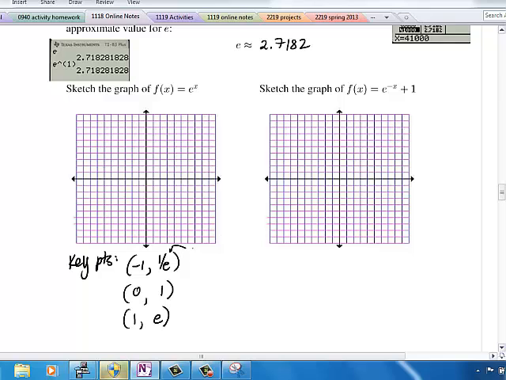Keep in mind that 1 over e is between a half and a third, and e is like, we'll just say 2.7. Good enough for our graph. So -1, something between a half and a third, 0, 1, and then 1, 2.7. That's as accurate as we need to be.